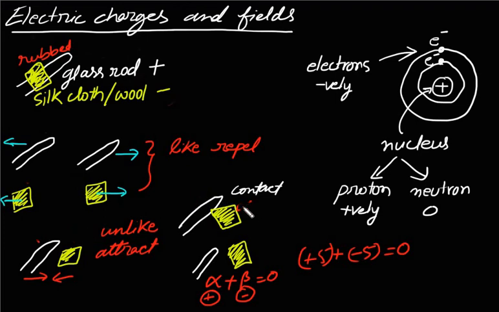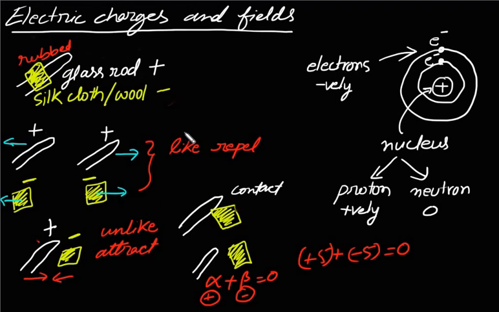Okay, because we know positive and negative gives us 0. This is positively charged, this is negatively charged. That is how we got the nomenclature of positive charge and negative charge.